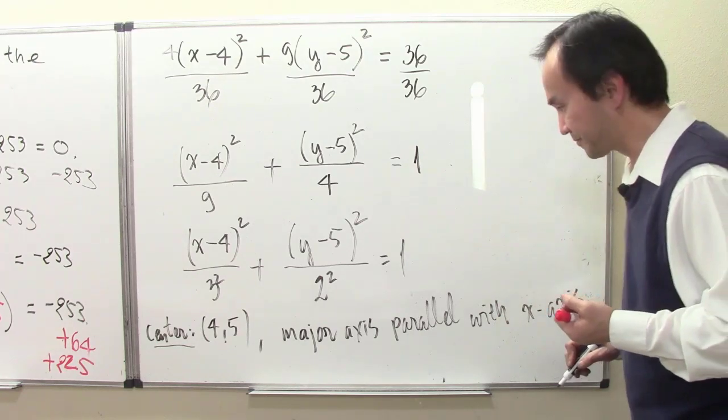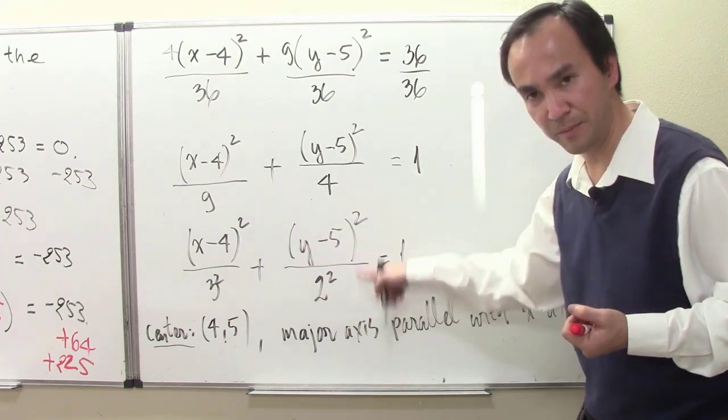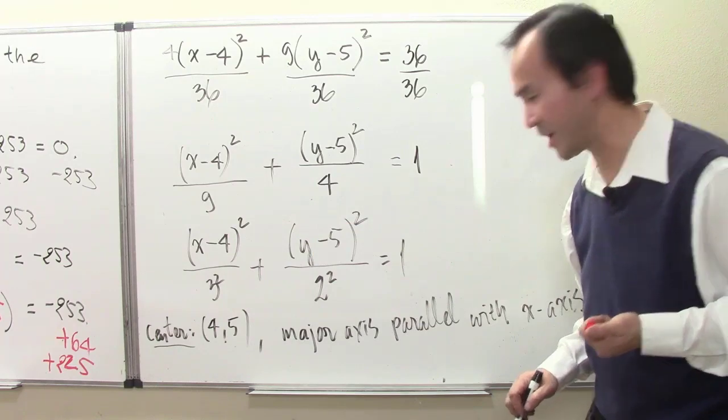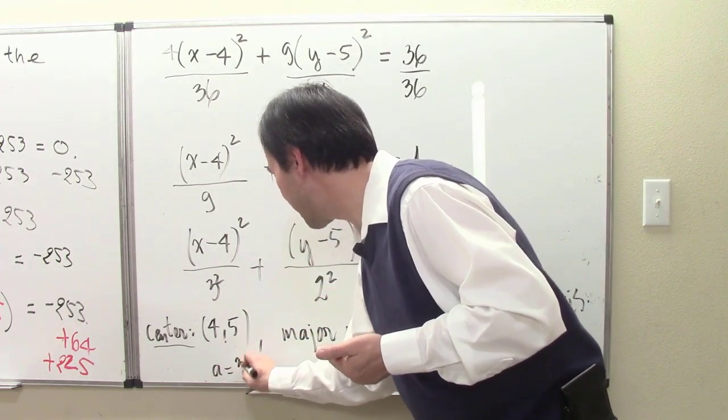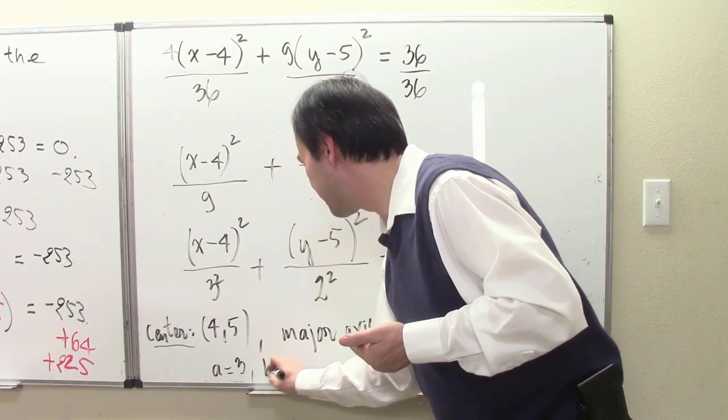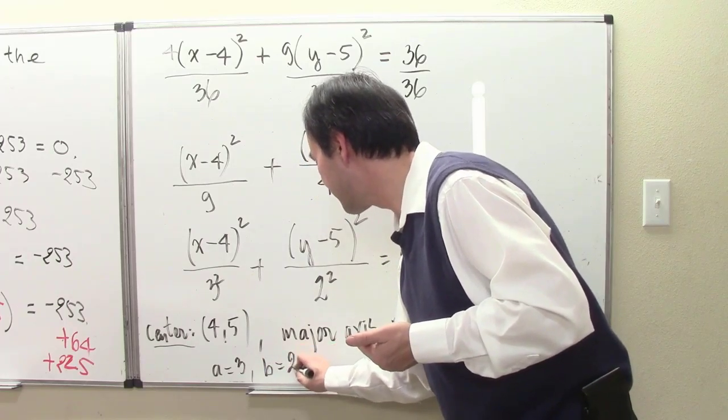And of course the minor axis is going to be parallel with the y-axis, needless to say. And then we have from our picture over here, yes, a equals 3 and b equals 2.